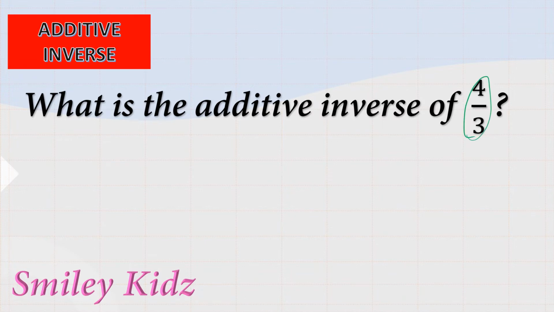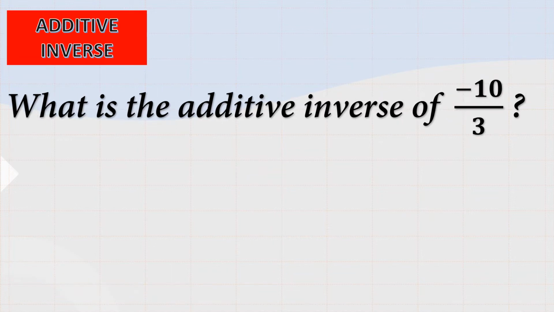The additive inverse of 4 by 3 will be minus 4 by 3. Let's see another example. What is the additive inverse of minus 10 by 3? It will be 10 by 3. The additive inverse of minus 10 by 3 will be equal to 10 by 3.